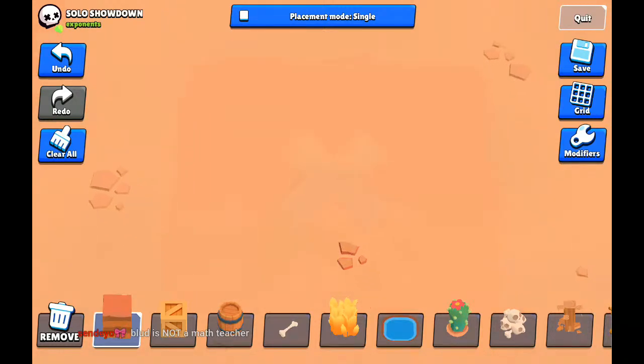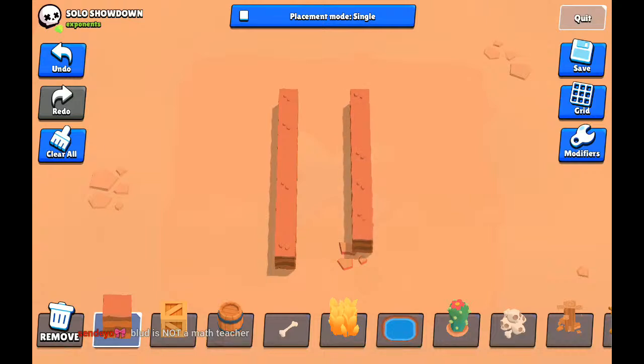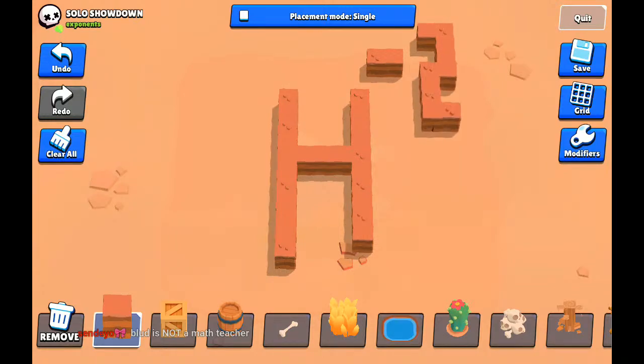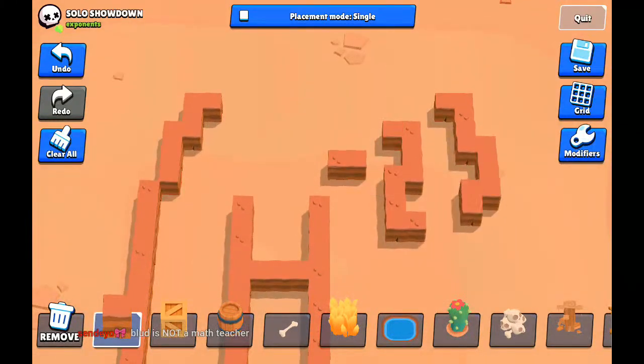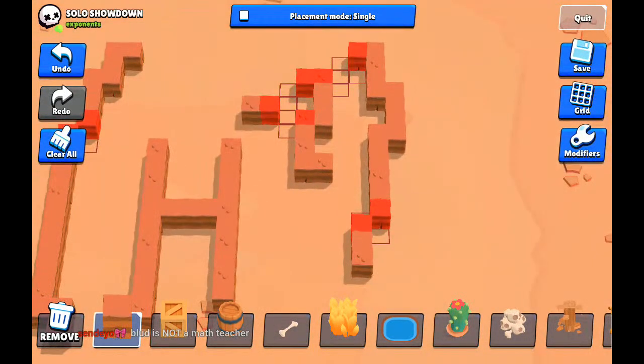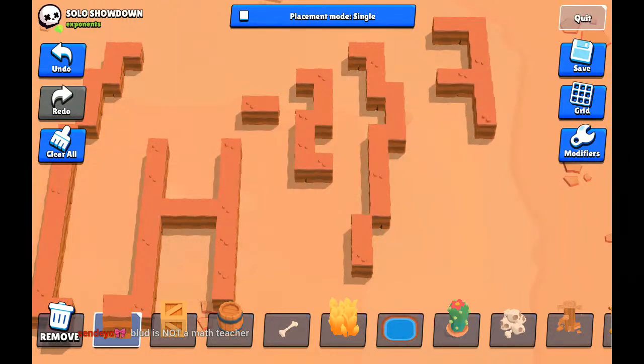Also, if it's negative, like h to the negative 2, it works the same as multiplication times 3.